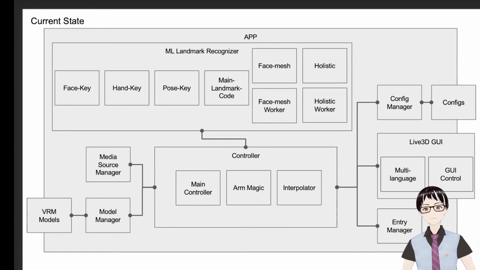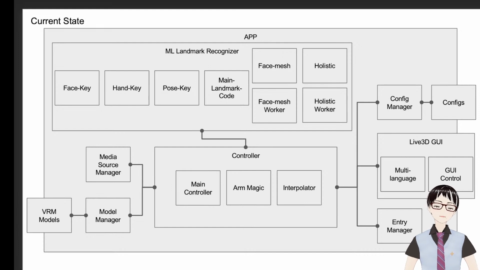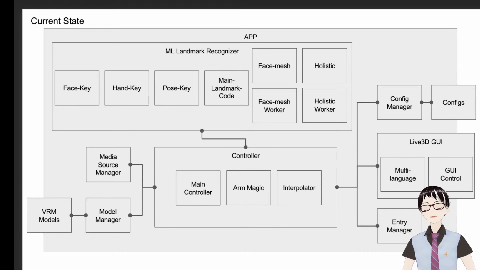So this part shouldn't be separated out. But the ARM Magic interpolator, they can be together with the core part, right? So I want to separate this part as a separate code repository, and have everything else be separated for Electron and also the website.